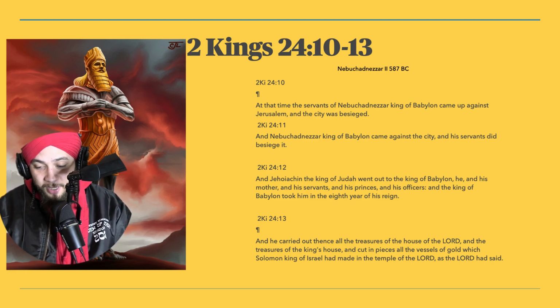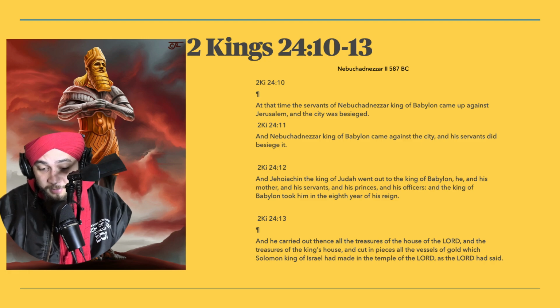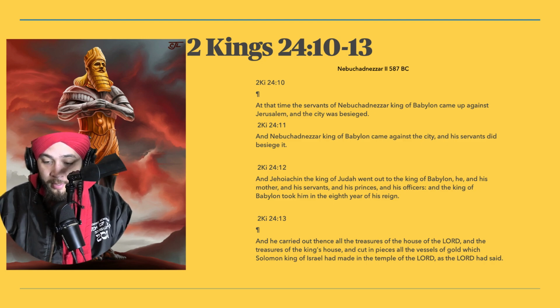What does Nebuchadnezzar the second, otherwise known as Nebuchadnezzar the Great, have to do with Daniel 9? It's all going to come home like it always does, like Commander Yahanna taught us, and that's how I teach. So, without further ado, let's understand Daniel 9, 2 Kings 24:10.